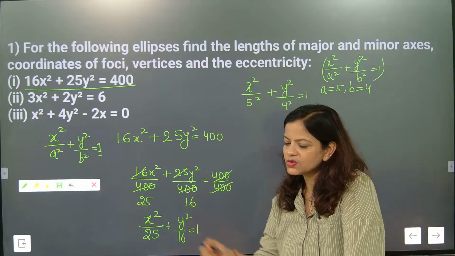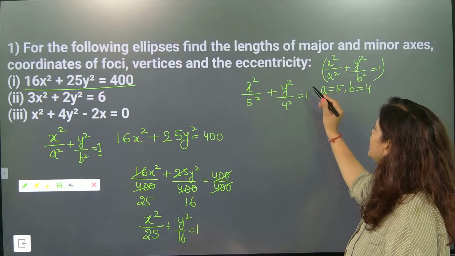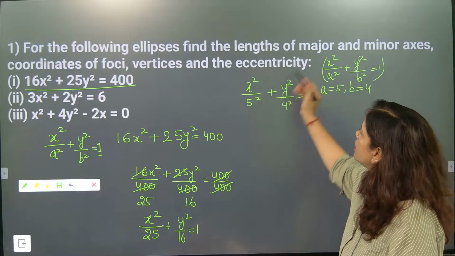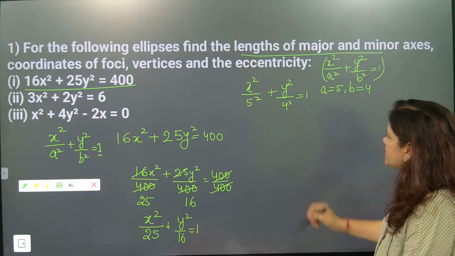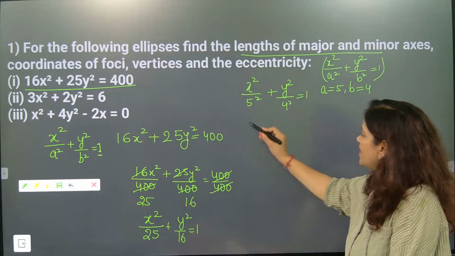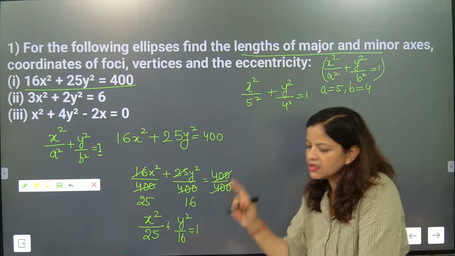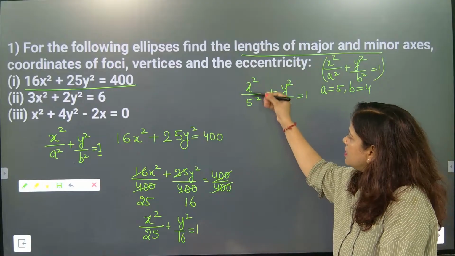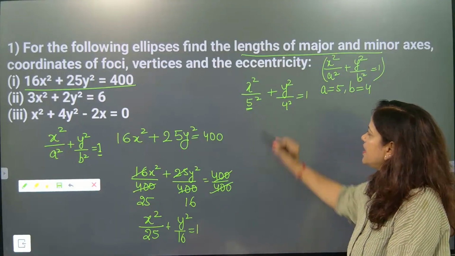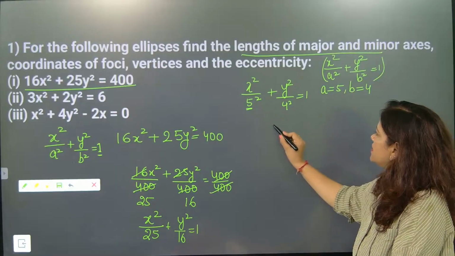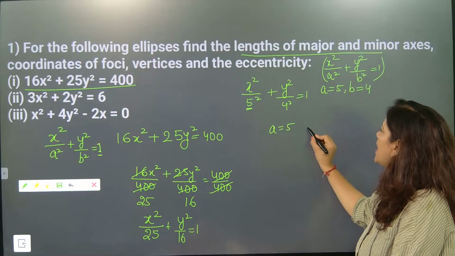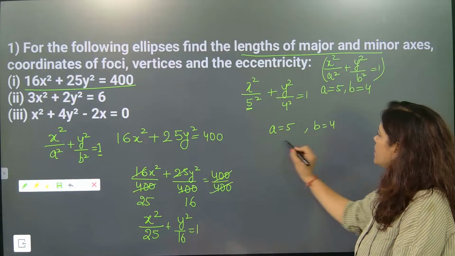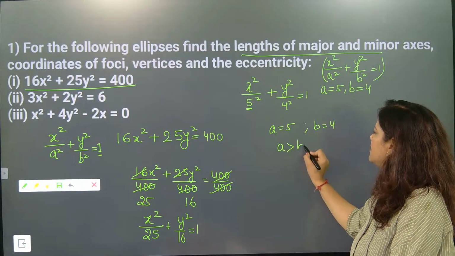Okay. Now what is the next work we need to do? When a is equal to 5 and b is equal to 4, one by one we will find the length of major axis. In an ellipse, this part represents a. Here a is 5 and b is 4, so a is greater than b.